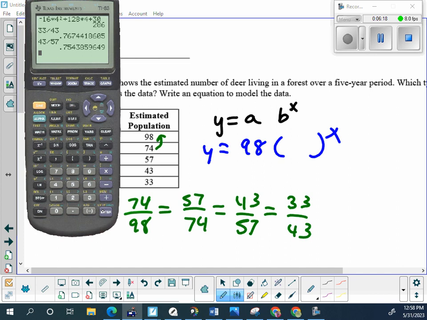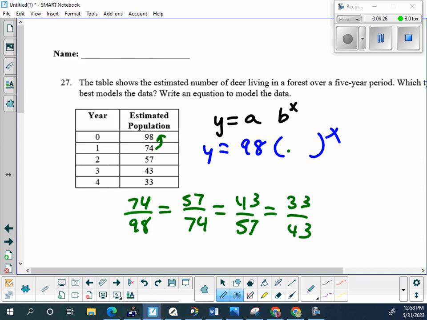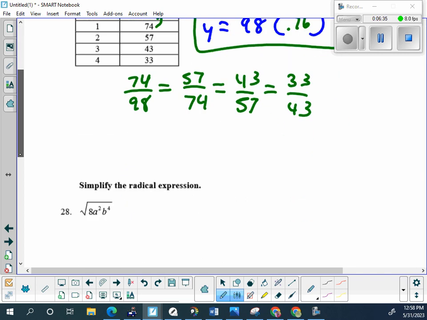Again, this is multiple choice, so you'll see your answer divided by 98 is about 0.756. You put 0.76 here as you round it, and that's your answer. Again, multiple choice, a little easier for that question.